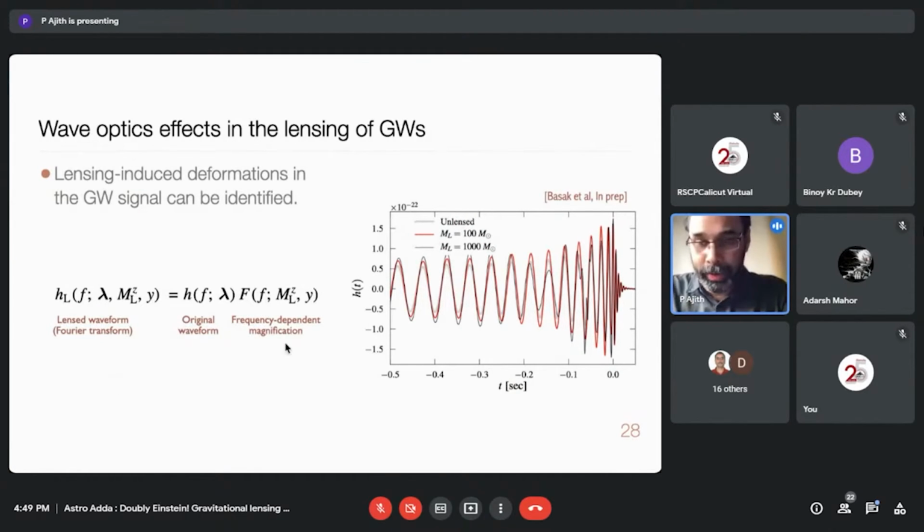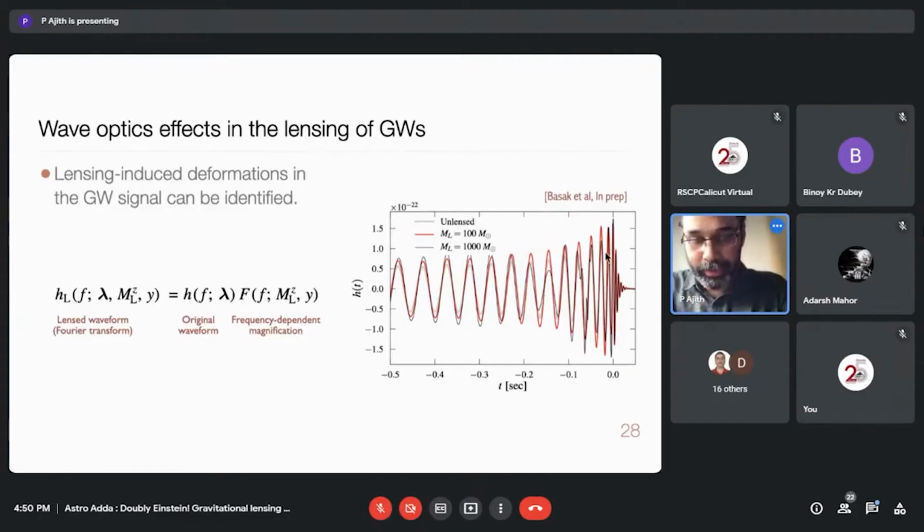So here is an example of a plot. The gray plot here is the original gravitational wave signal produced by the merger of two black holes. And the red and black show how the signal will be deformed if this was lensed by a compact object of about 100 solar mass and 1,000 solar mass.